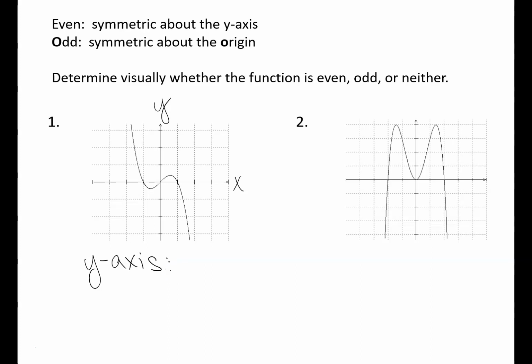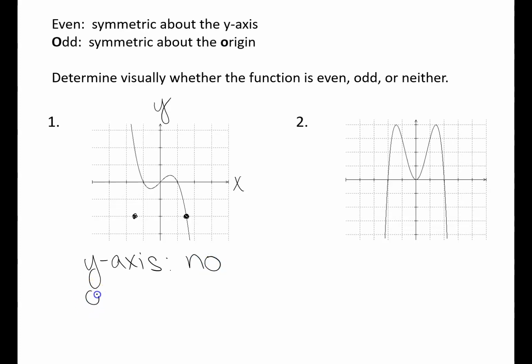If we fold this graph over the y-axis, so here's our y, let's pick a point. We'll take this point right here. If I fold it over the y, there's not a point symmetric, okay? Or if you just think about the whole graph, the right side would not lie on top of the left side, so it does not have y-axis symmetry.